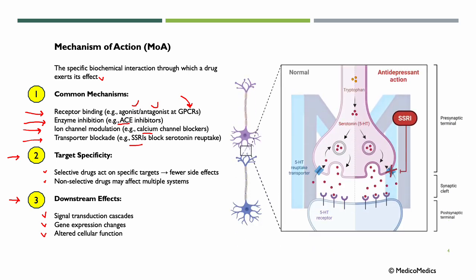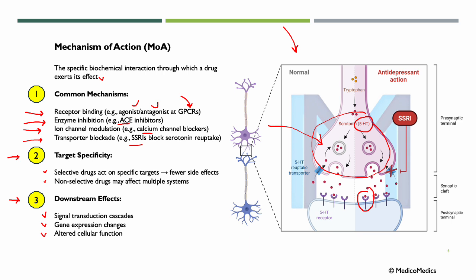As a classic example here, illustrated in the image, is the action of selective serotonin reuptake inhibitors. So normally serotonin, also written out as 5-HT, is released from the presynaptic terminal here, right? And when it's released, it binds to postsynaptic serotonin receptors.